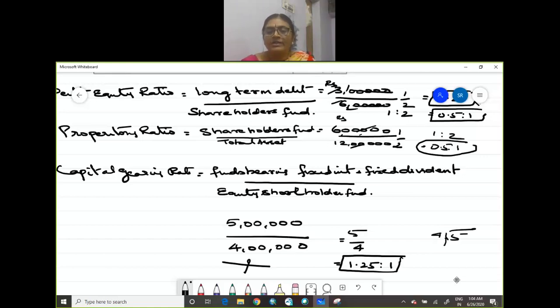In liquidity ratios, you saw the ability of your firm to pay off the current liability. And in long-term solvency ratios, whether in the long run the company will be able to pay off its debtors. With this we'll go to the third type, turnover ratios.